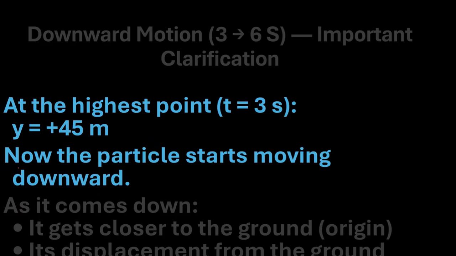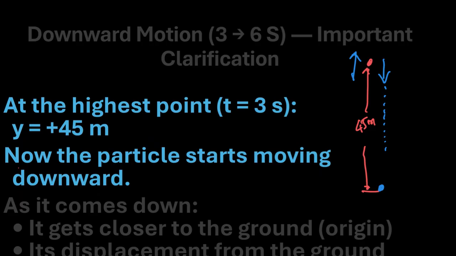After this, the ball starts the descent. The ball was here, it traveled 45 meters, it reaches up here, and then the direction of velocity changes. It was going up like this. Now it's coming down, right? And then it will trace all its path back to the ground.